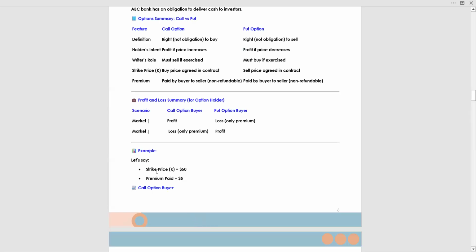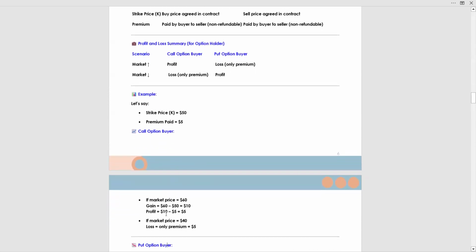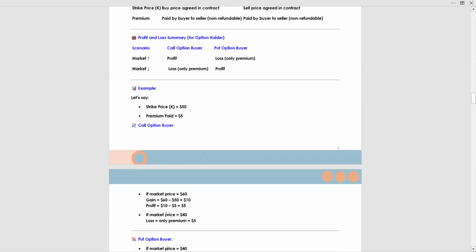Example: let's say strike price equal to 50, premium paid 5. Call option buyer: if market price equal to 60, gain 60 minus 50 equal to 10. Why is there a gain? Because we have it at a strike price of 50 and the market price is 60.